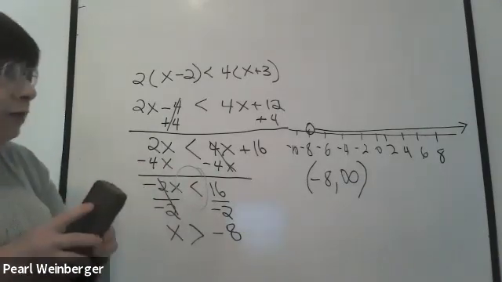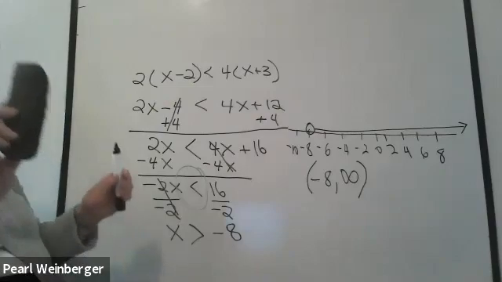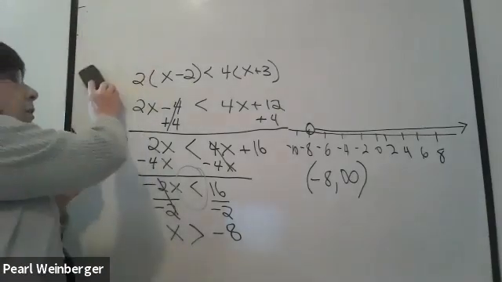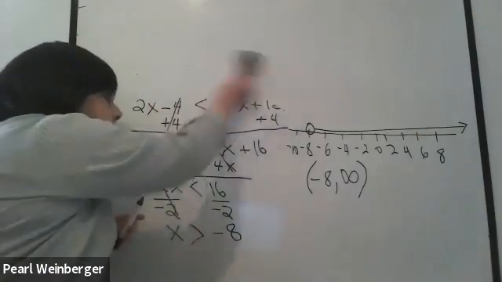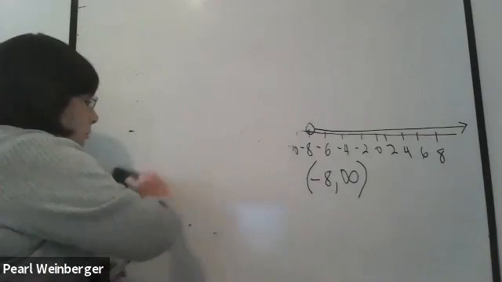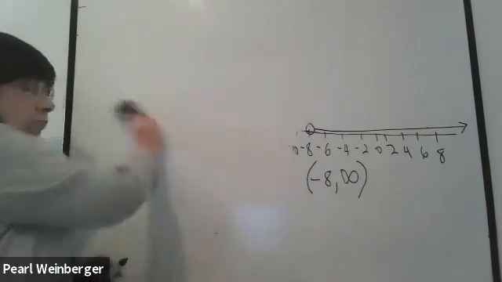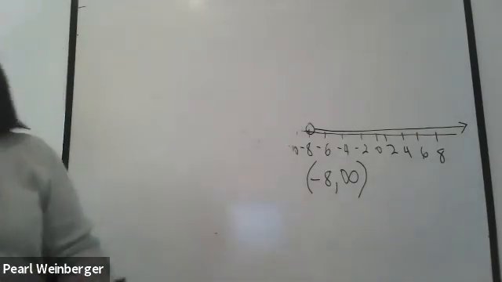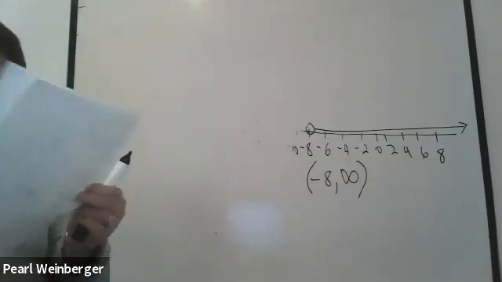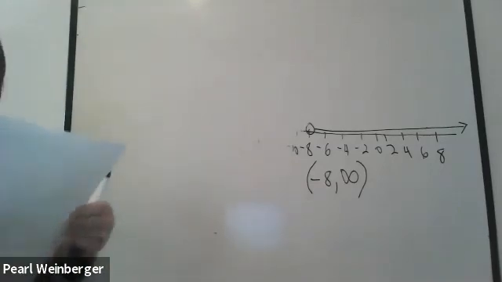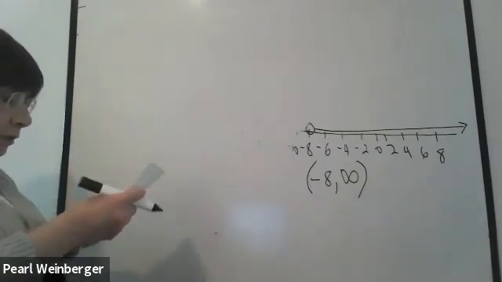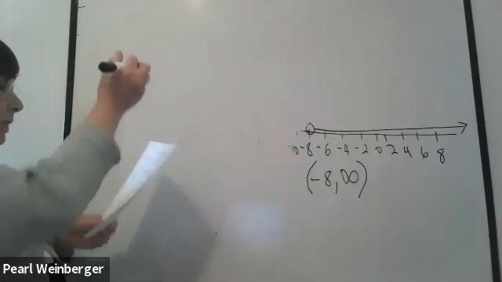I just want to do one other topic that has to do with inequalities. Okay, so I'm going to erase this. That's the case where we sometimes have something that has a double inequality.